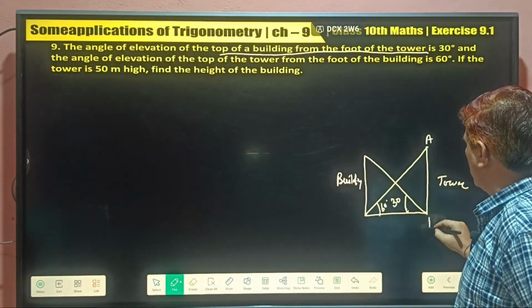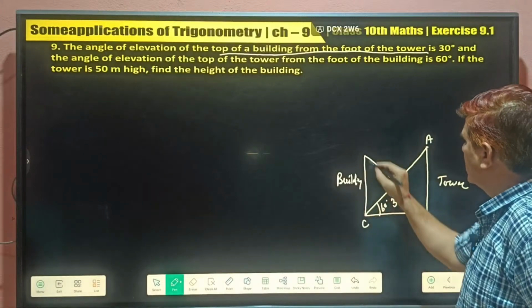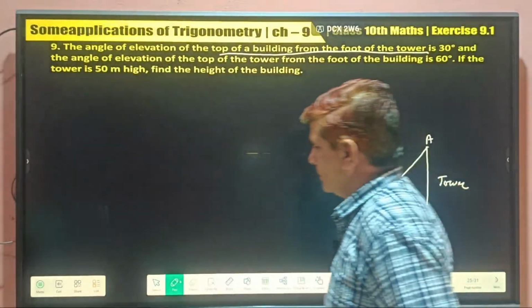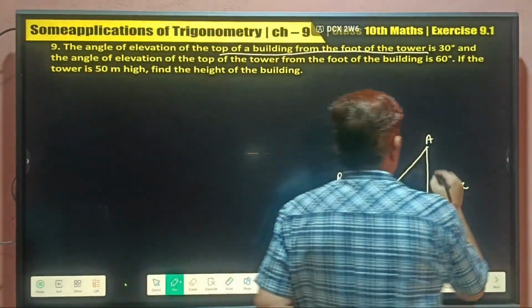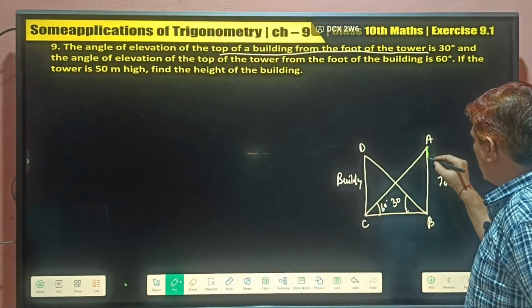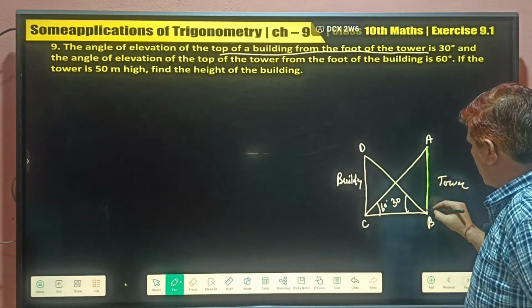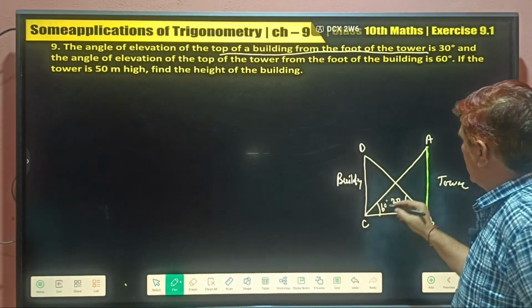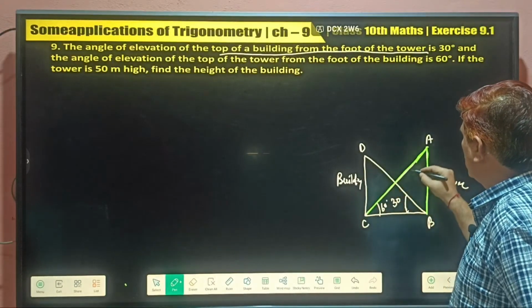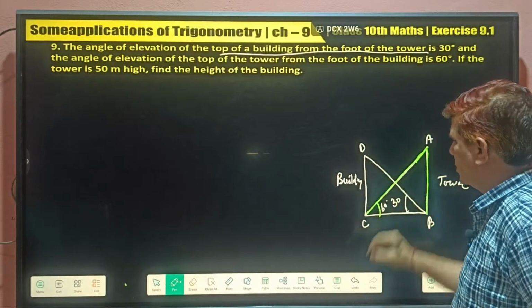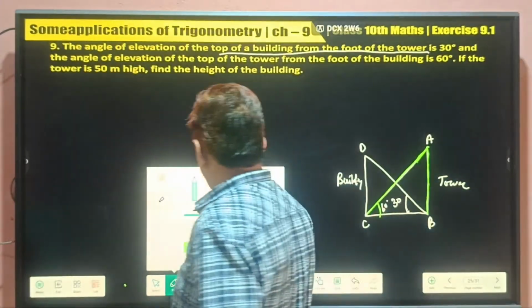This is A, B, C, and this is D. This is the height of the tower, and the angle from the foot of the building is 60 degree.